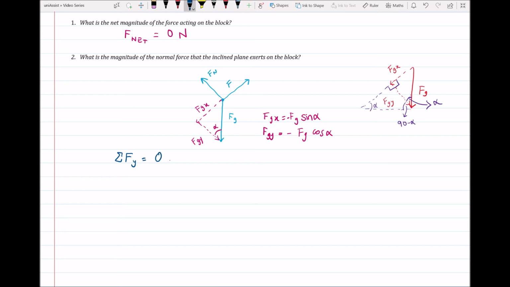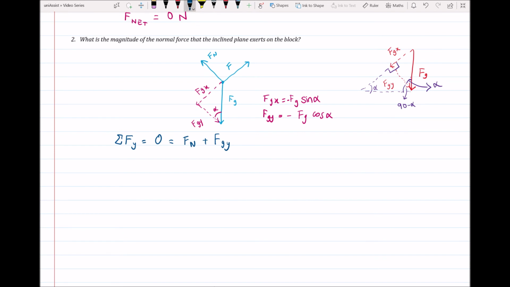And that is the addition of all the forces in my y direction, which is equal to my Fn plus my Fg in the y direction. Which means that 0 is equal to Fn plus Fgy. Fn is equal to negative Fgy.